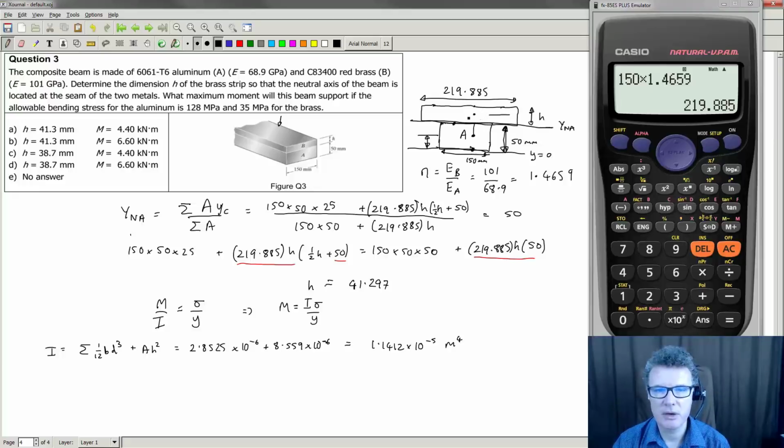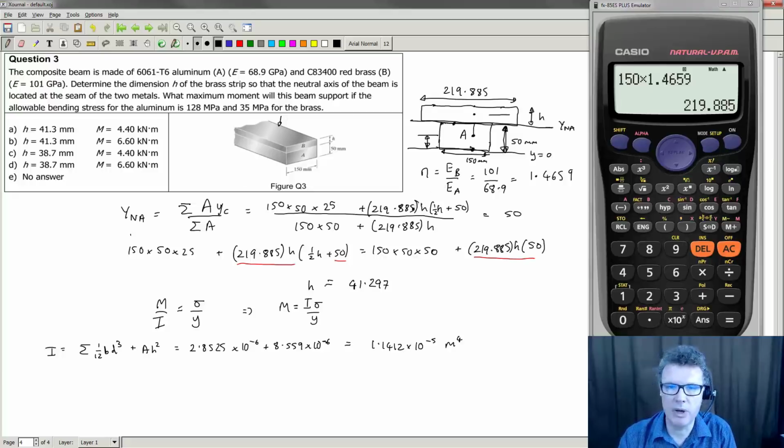And it's saying, what is the maximum moment this beam will support, where the maximum allowable stress for the aluminium is 128 megapascals, and for the brass 35 megapascals.